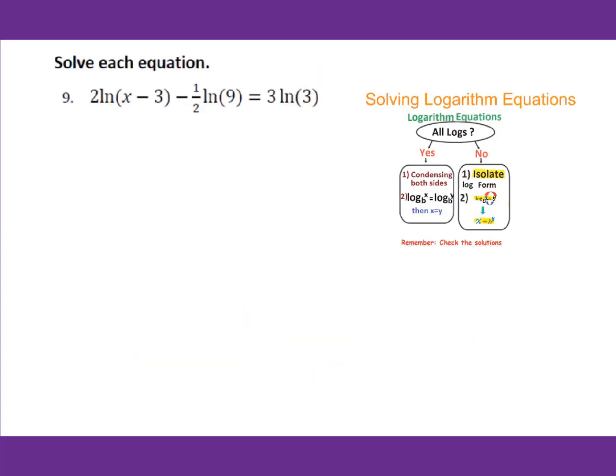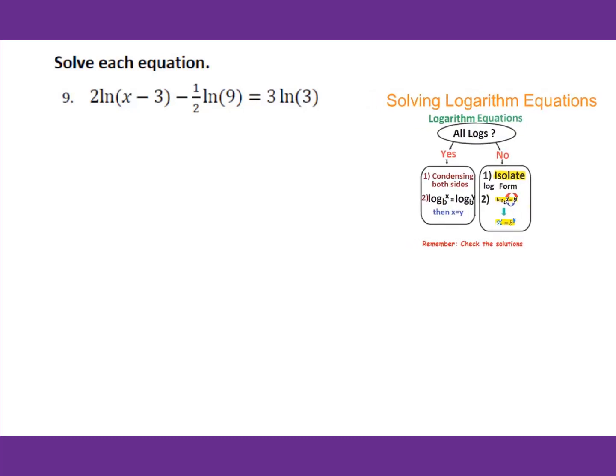Now let's go to number 9. Still, we need to check all logs. Yes, all logs. So condense the log on both sides. For the left side, the 1/2 jumps to be the square root of 9, and the 3 jumps to be 3 to the third power.